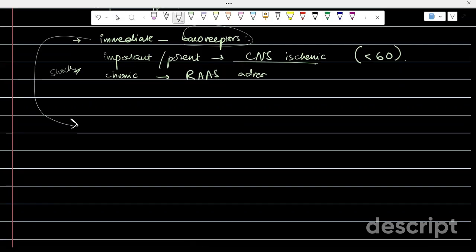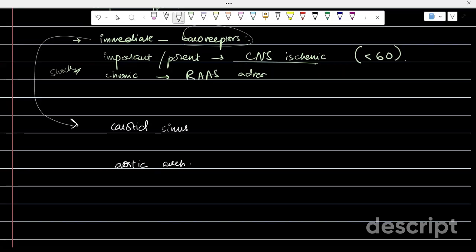Now, what is the baroreceptor reflex? It is basically that there are receptors present in the carotid sinus and the aortic arch. They detect the stretch on the muscle, and due to that they determine if the blood pressure is high or low.